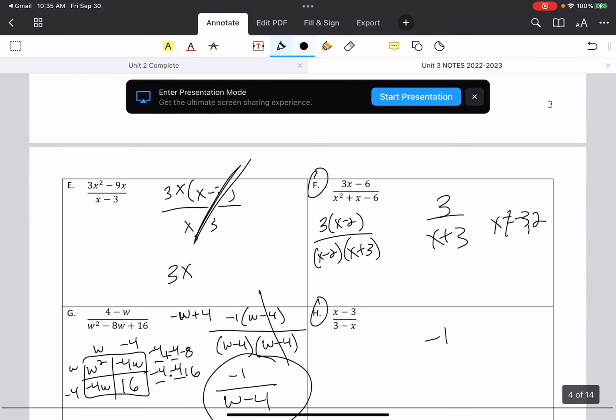What about E? What are the excluded values on E? Not Caden, he answered the last one. 3. Go ahead. 3? What about 0? Is 0 an excluded value? No, 0 is a root for the numerator.